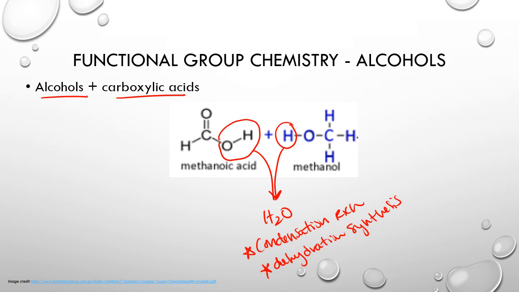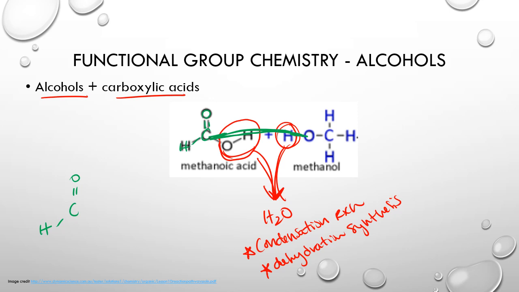So I'm going to pull, again, this OH and this H out and I get water. What I'm left with is this carbon that is missing a bond and this oxygen that is missing a bond, and they're going to find each other. So that oxygen and that carbon are going to bind to each other. What this looks like, so I have COOH.